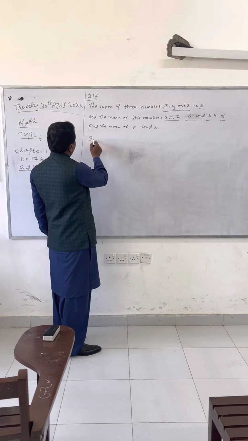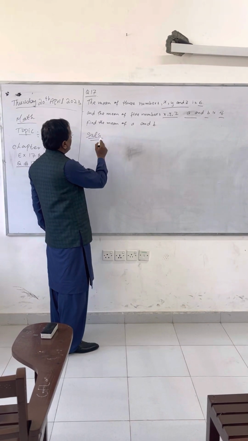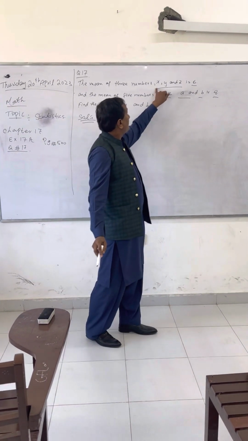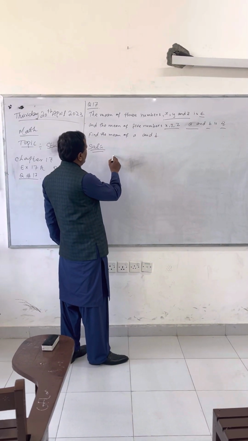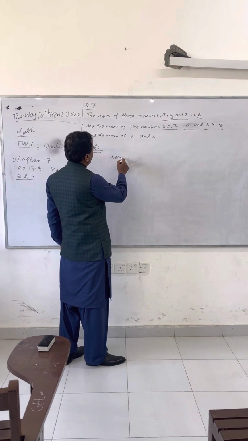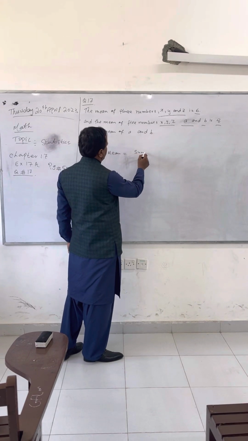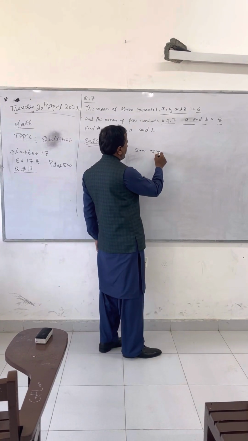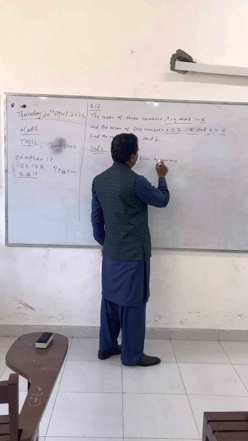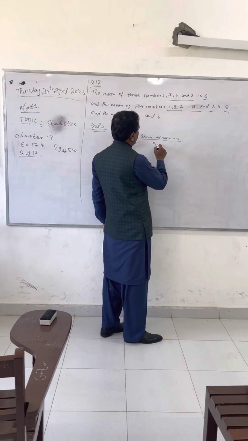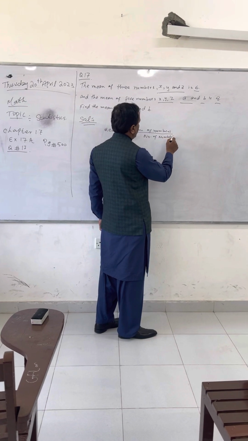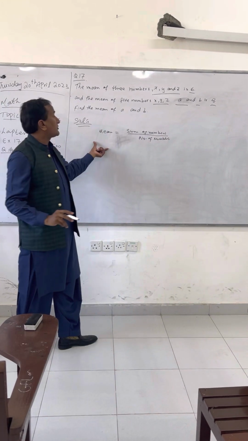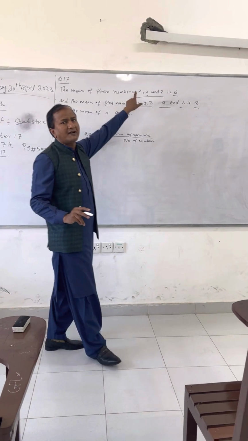Okay, for the solution, it is given the mean of x, y and z. The formula of the mean is the sum of numbers over the number of numbers. We are supposed to find the total sum of x, y and z.